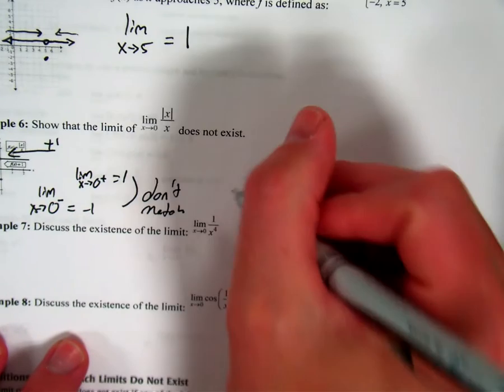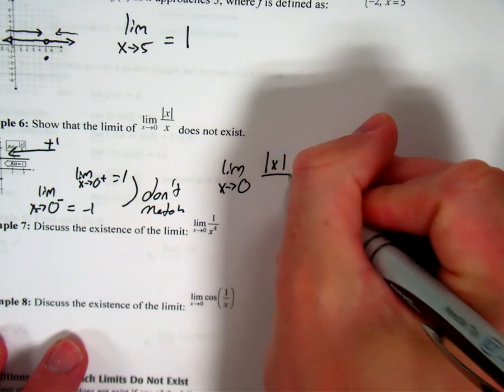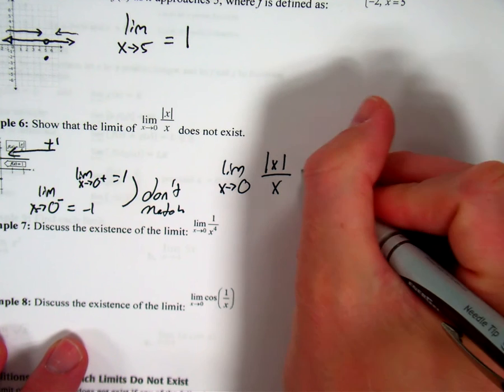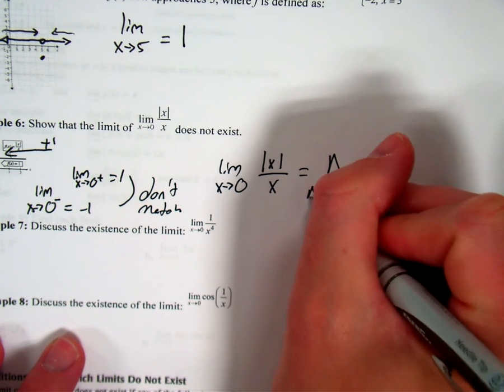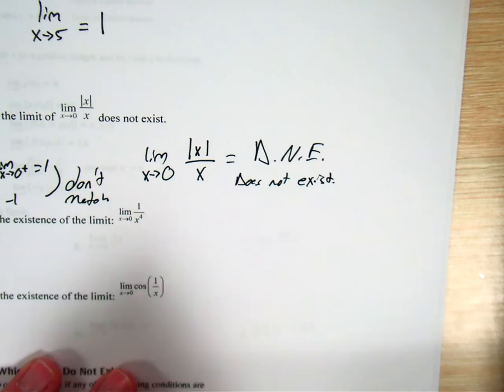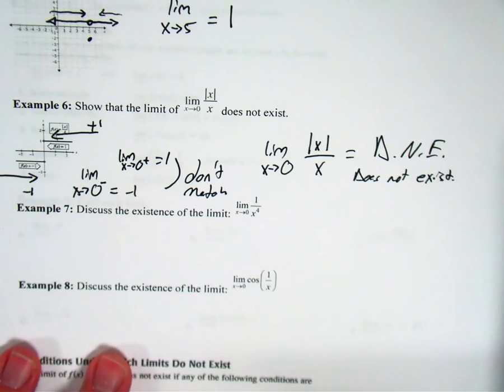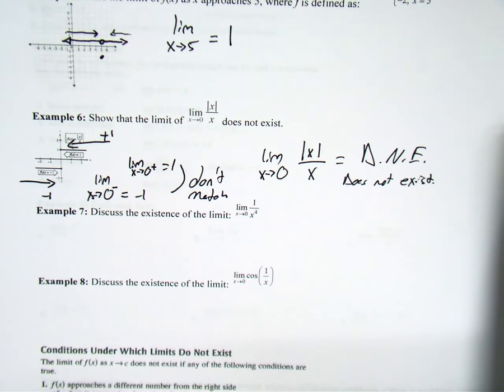So we would say the limit as x approaches 0 of the absolute value of x over x does not exist. D-N-E. Does not exist. There we go. So if they don't match, it won't exist. We have some more DNEs coming up here, just examining some rules that we have for limits. If it doesn't match, it does not exist.